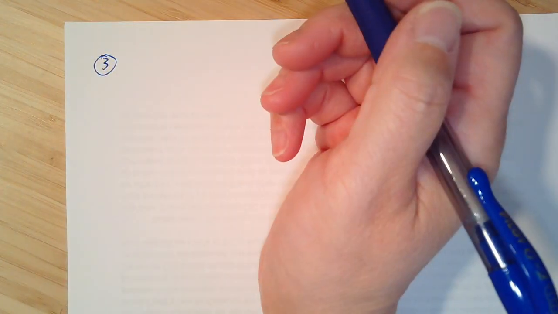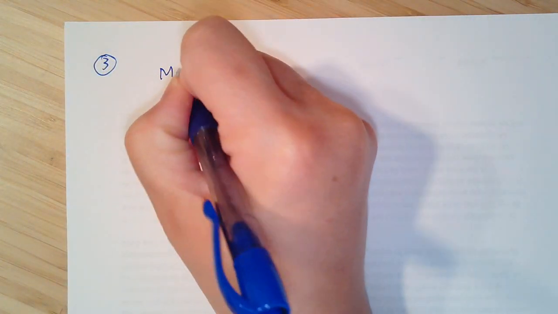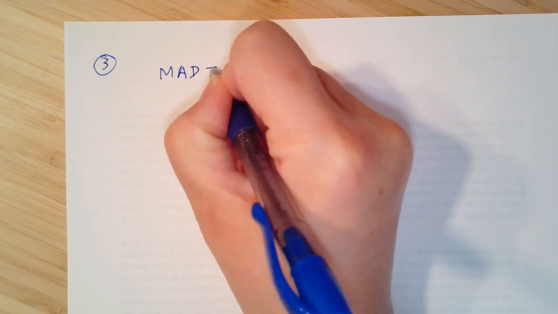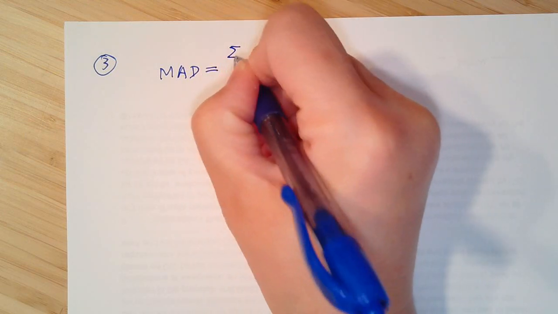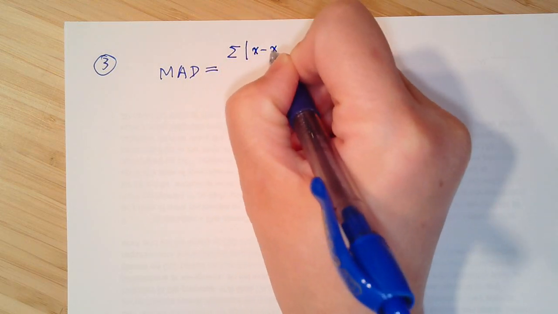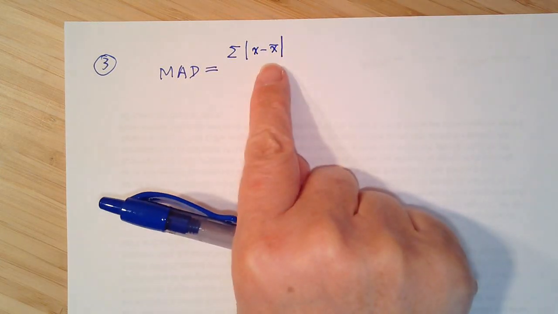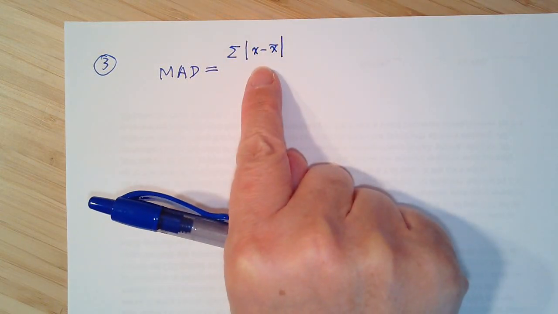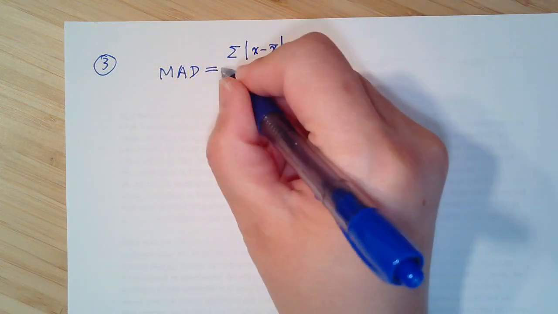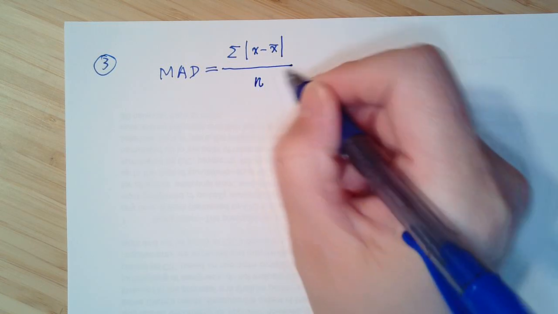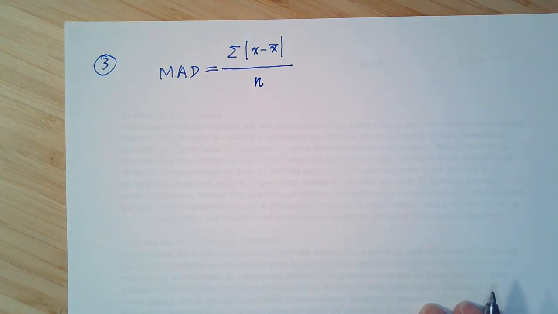Remember the third one, where we talk about the absolute value? It's called MAD, and that is the sigma of the absolute value of each x minus x bar. You take the absolute value of the differences, add them up, then divide by n.